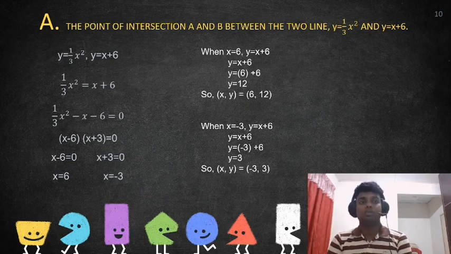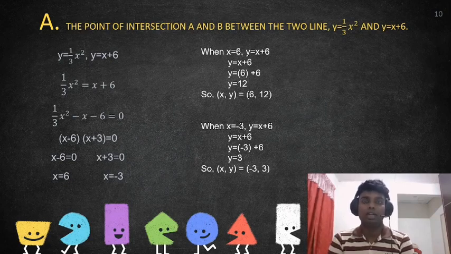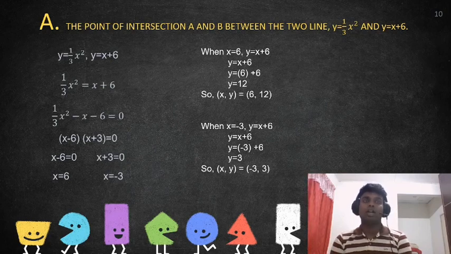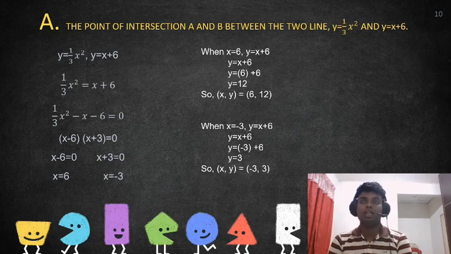When you substitute x equals -3, you get the y answer. So the second coordinate of the point of intersection is -3, 3. So I have explained the points of intersection A and B between the two lines.